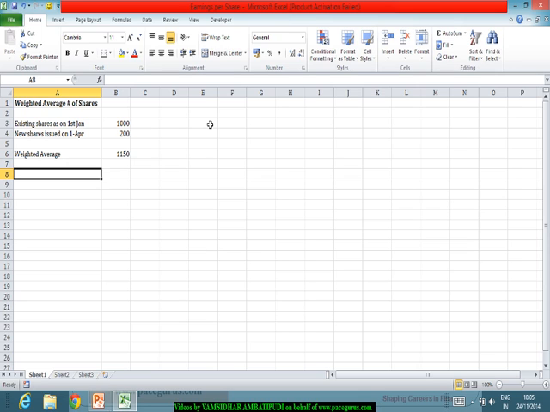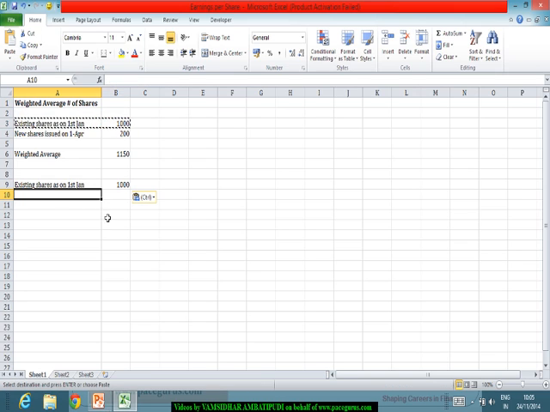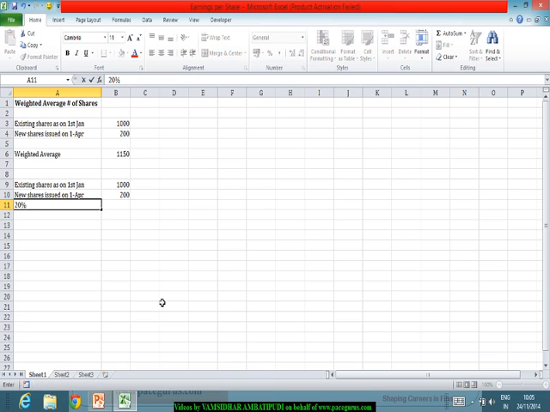But for the same example, let me take one more case. Existing shares as on 1st Jan is 1000. The new shares issued on 1st April, let's say, is 200. Then a 20% stock dividend on 1st July.